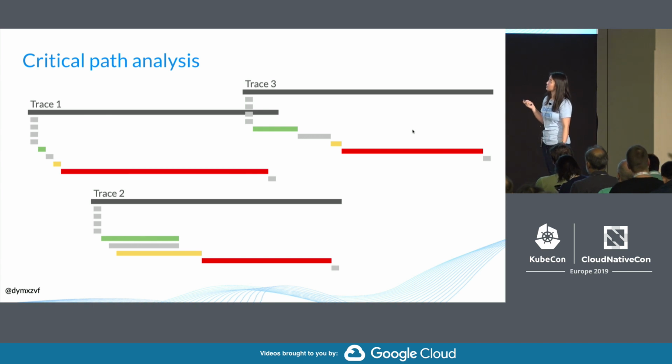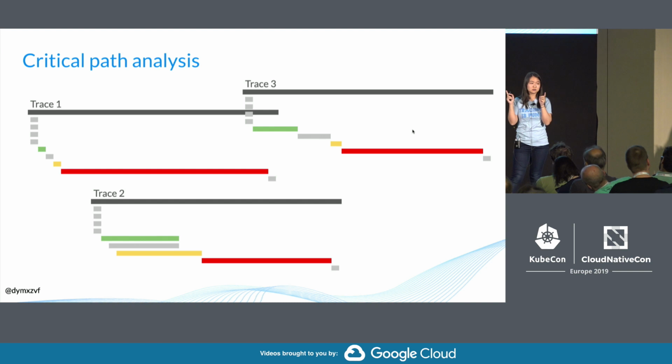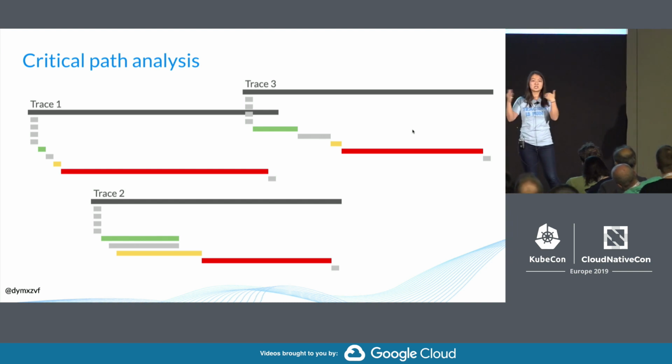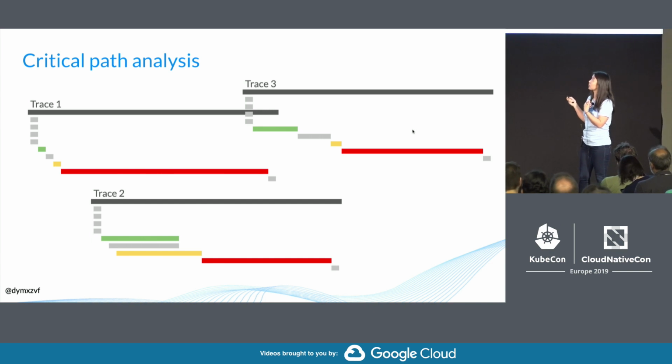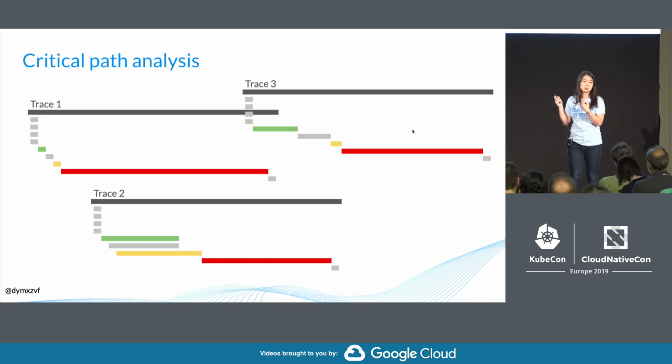And a critical path is basically the single operation. Sometimes there are multiple, but let's stick with the simple example of a single operation that basically makes up the duration of your entire transaction. Meaning that if you're able to optimize that operation, if you're able to shrink the length of the red bar, your entire transaction becomes faster. So this is really where you want to focus a lot of your energy and engineering resources to optimize.